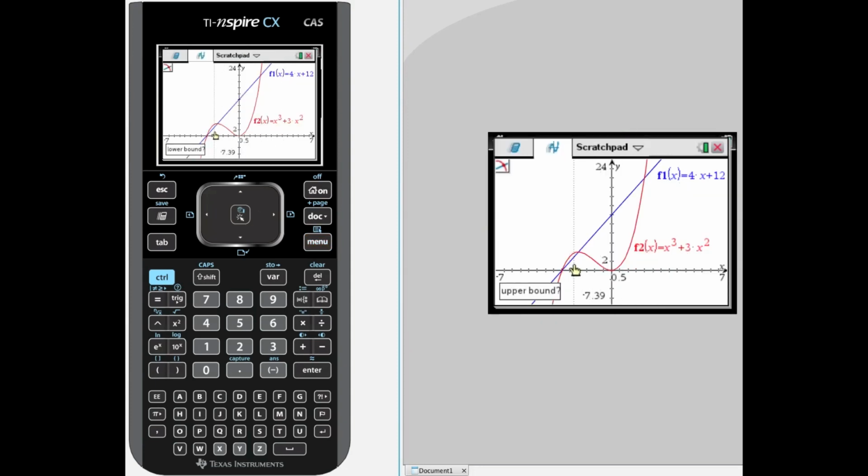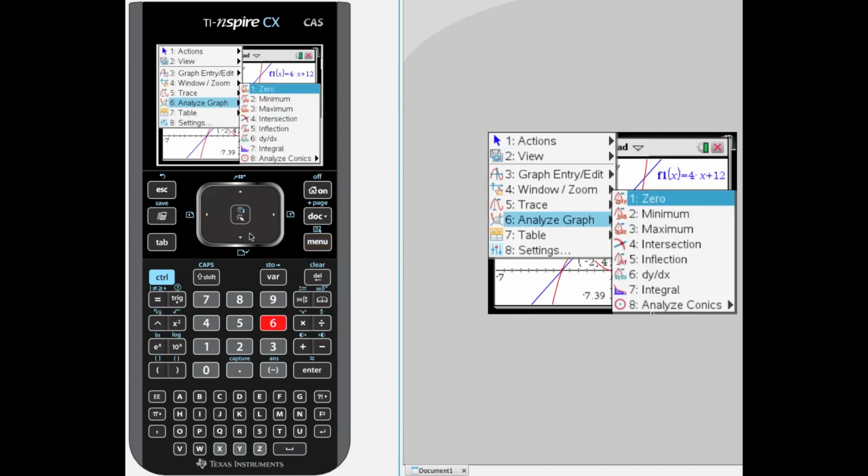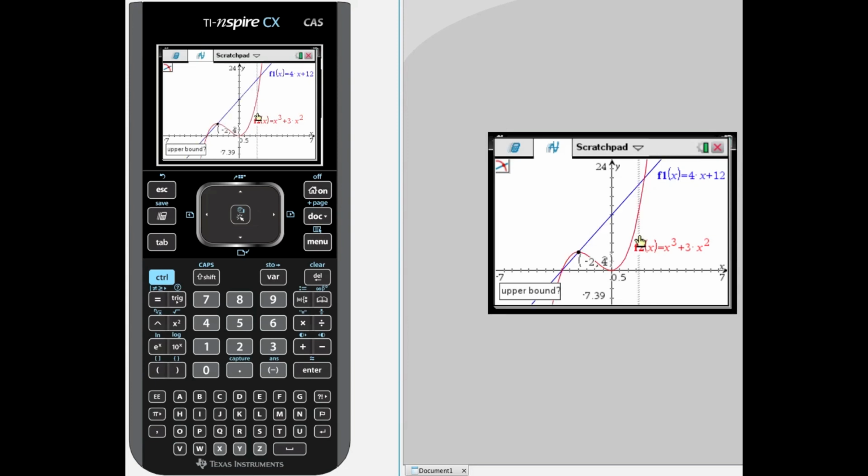The calculator will ask you for the lower and upper bound. I'm using my touchpad, of course, but you'll be using this pad here on your calculator. And there's our intersection of -2, 4. And then finally, again, Menu, Analyze Graph, use the touchpad, go to intersection, lower bound, upper bound, and there's the other intersection point of 2, 20.